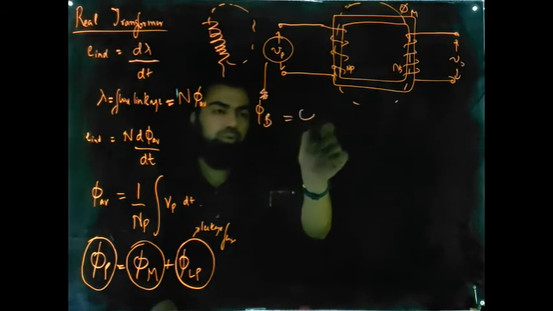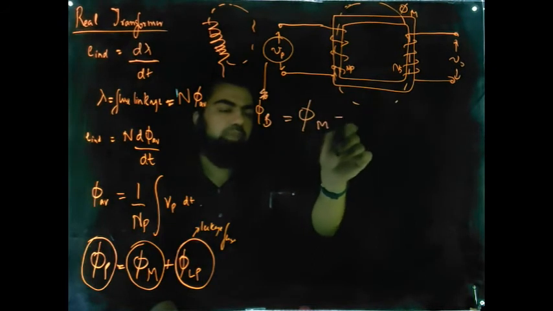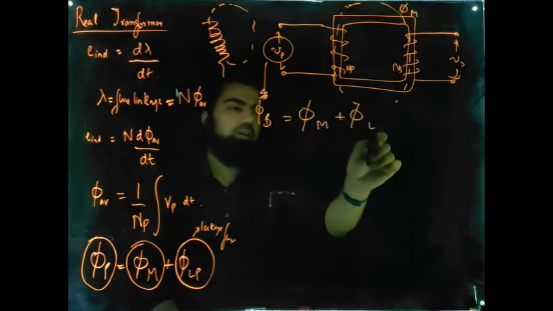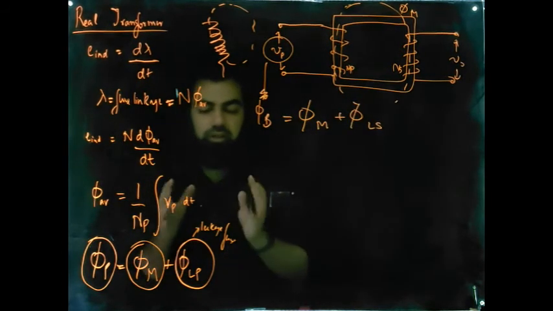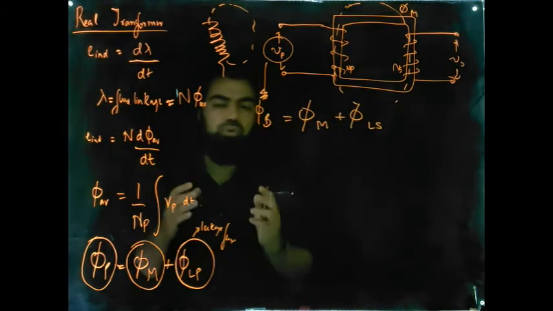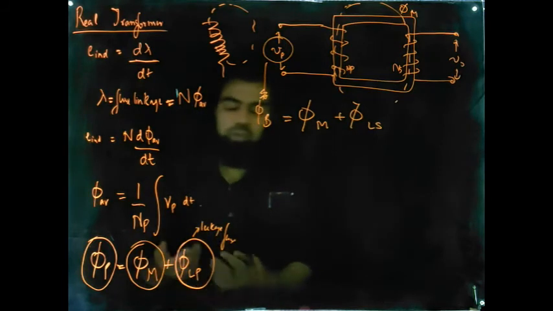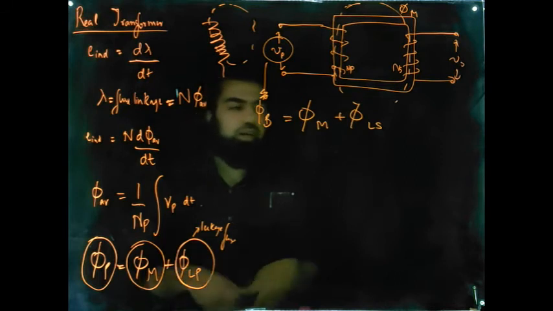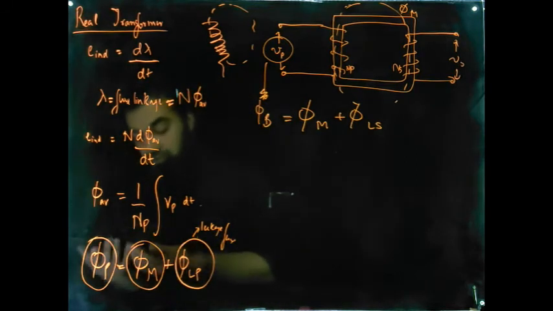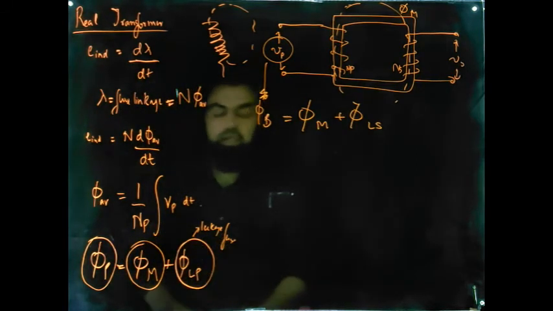Phi s will be equal to phi m plus phi ls, where phi m is the mutual flux component that is responsible for the useful work done in this system, while phi lp is the leakage flux in the primary winding, and phi ls is the leakage flux in the secondary winding.